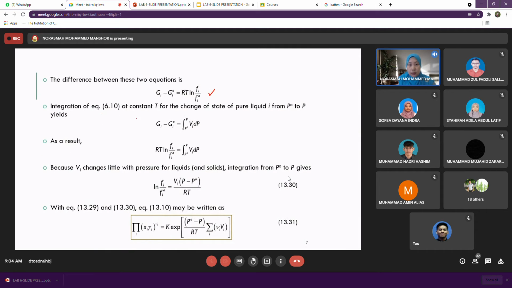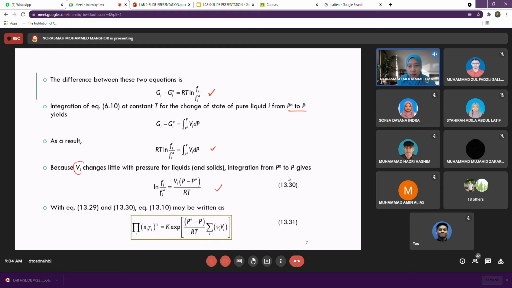Integrate 6.10 at constant T for the change of state of pure liquid i from P naught to P, and we'll get this one. And Vi, the molar volume, changes little with pressure for liquids and also solids. So the integration gives this equation.